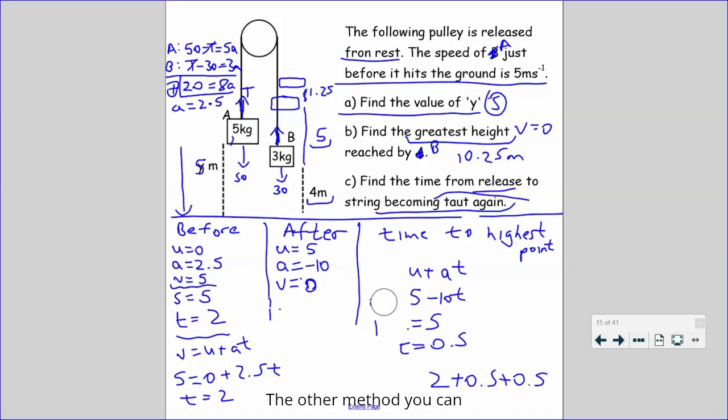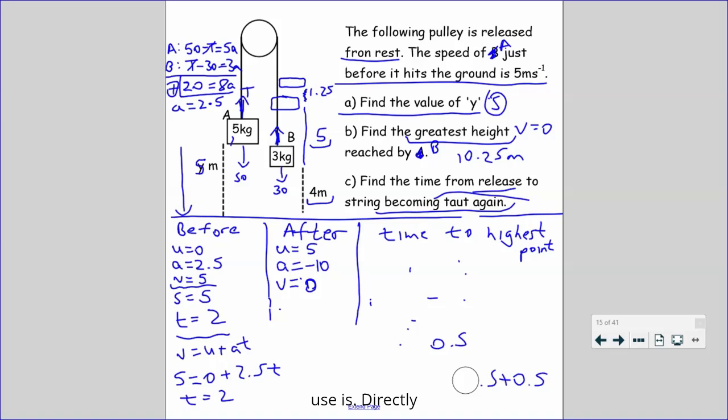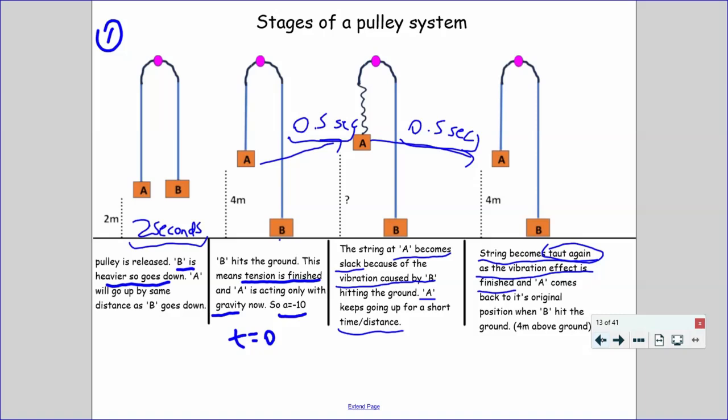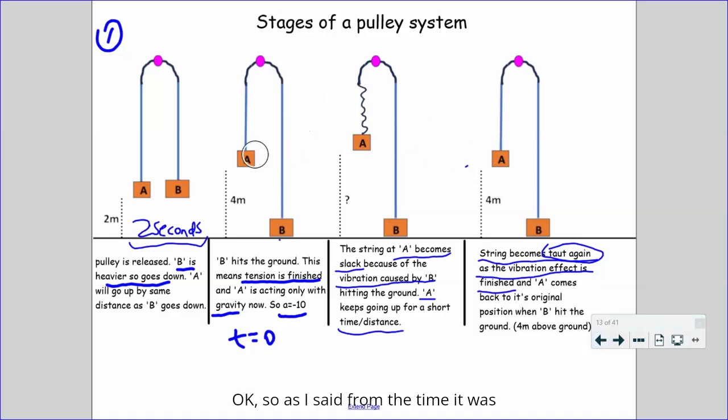The other method you can use is directly becoming taut. Okay, so as I said, from the time it was first taut to becoming taut again, S is 0 because you can see it's in a horizontal line, same position.